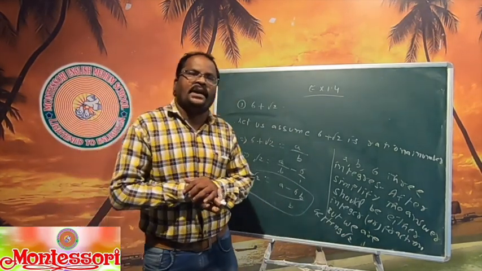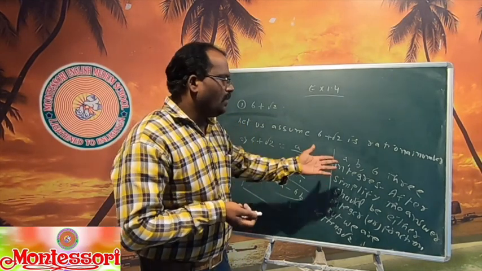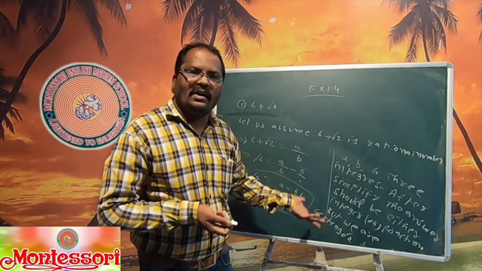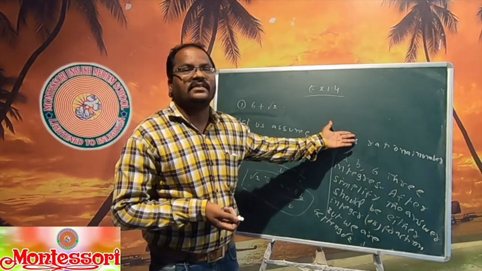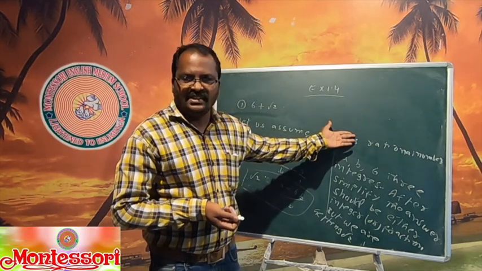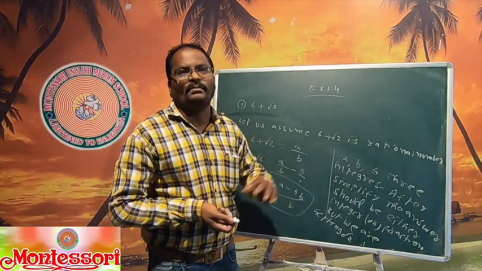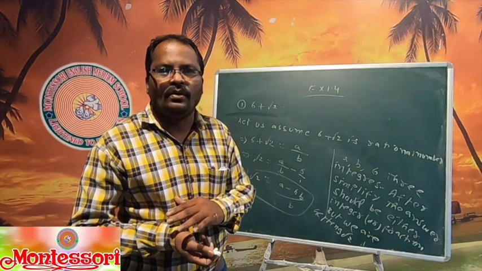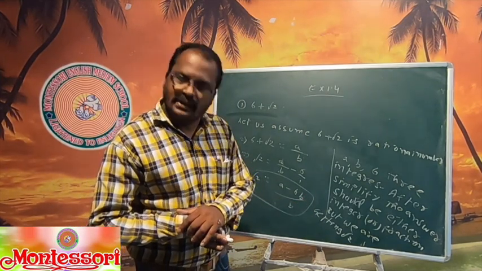Root 2 is which type of number? Irrational number. But what is your answer required to be? Fraction or integer. Why are you getting irrational? The supposition you have made is false. That is wrong. What you supposed, that 6 plus root 2 is a rational number, that is false. So 6 plus root 2 is now which number? That is an irrational number.